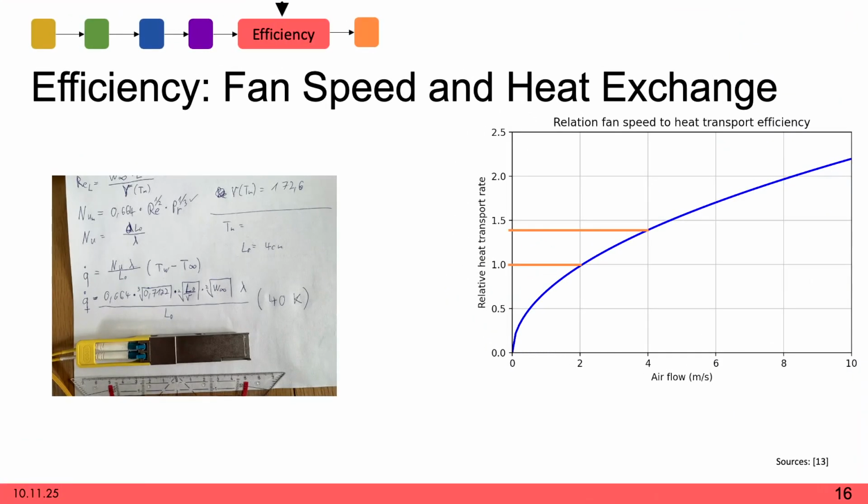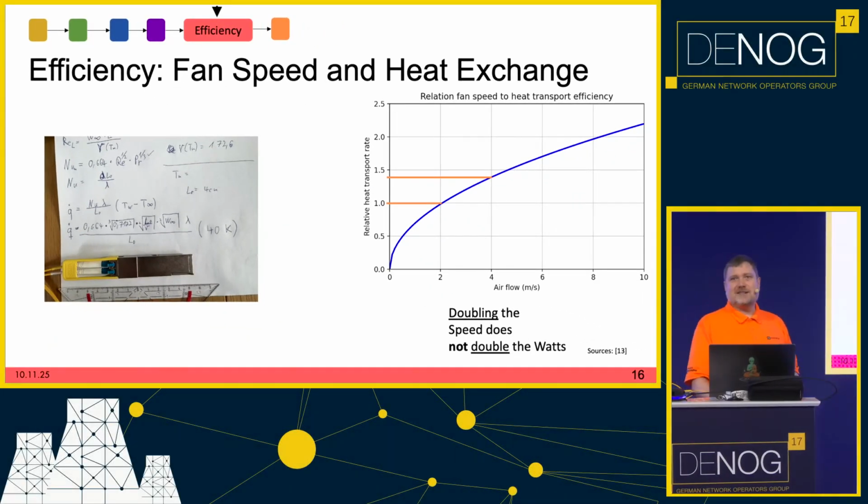I did not calculate the entire number. I could have shown you the absolute number, but I didn't find it so interesting. So we decided to just give you a relation of what it means when you increase your fan speed. And this is something I find a little bit problematic because it's easy to think, like in linear cases, that if I double the fan speed, I make my switches, or the manufacturers make them even noisier or add more fans, I get better at the watts I'm exchanging.